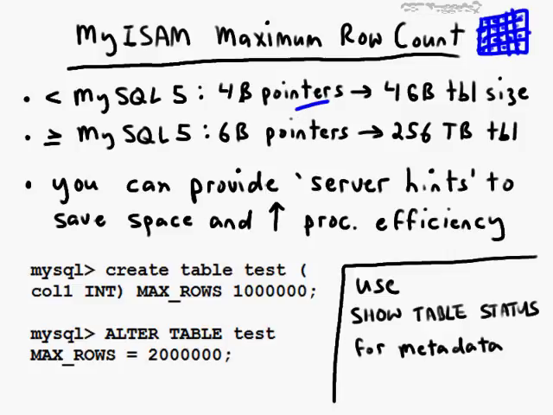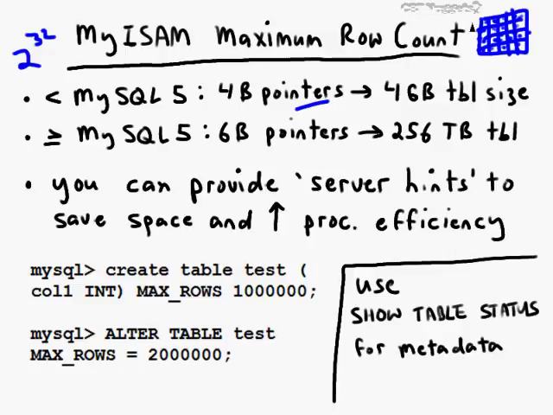Hence, we have the idea of the pointer. Now, due to various architectural limitations, we have a maximum number of pointers that MySQL can work with depending upon the storage engine in use. And as I just told you, prior to MySQL 5, it had a maximum number of pointers that it could map to of 4 bytes, which actually turns into, if you do the math, with 1 byte being 8 bits, 2 to the 32nd.